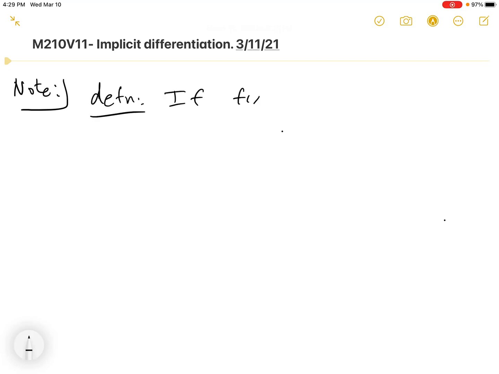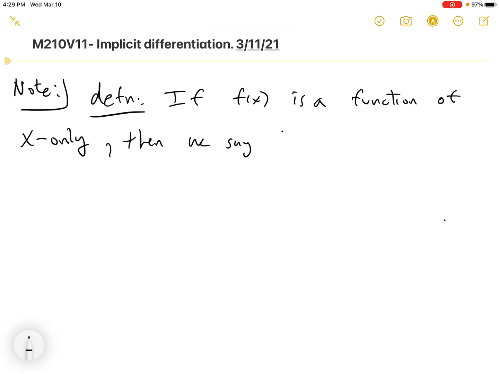If f of x is a function of the variable x only, then we say f of x is an explicitly defined function. So this is the definition of an explicit function.